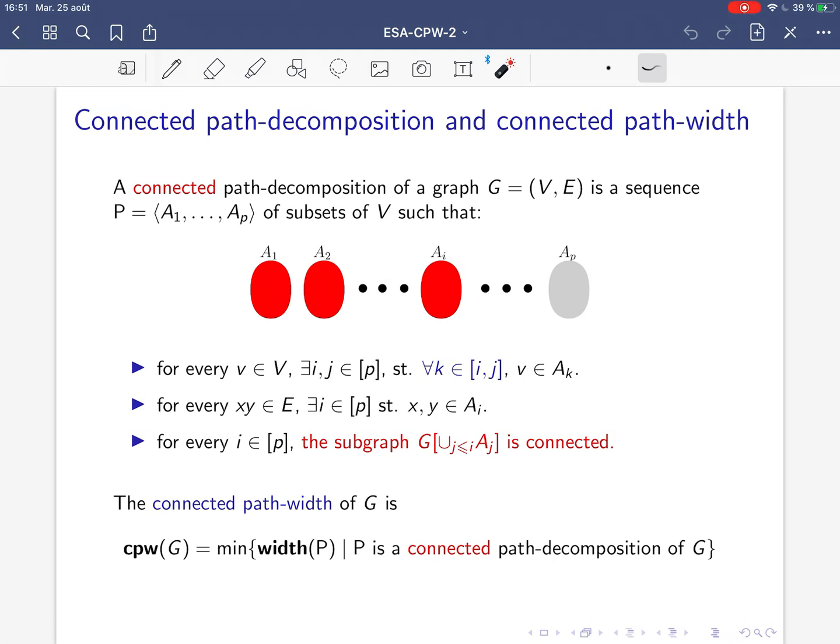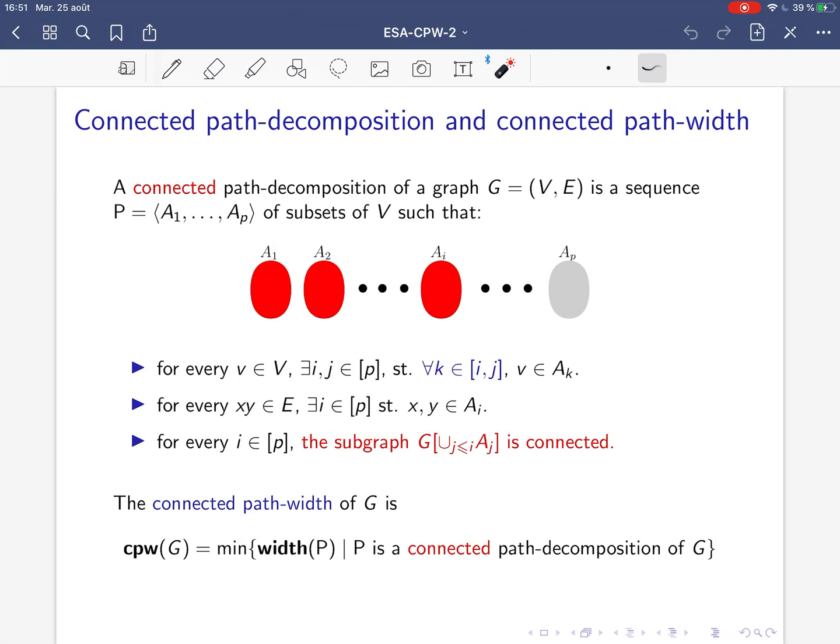So all the vertices together in the red bags induce a connected subgraph of the input graph. The connected path width of the graph is then defined as the minimum width of a connected path decomposition.